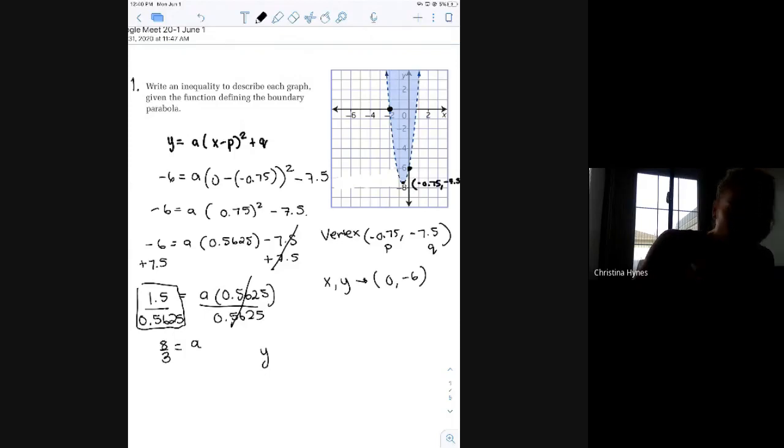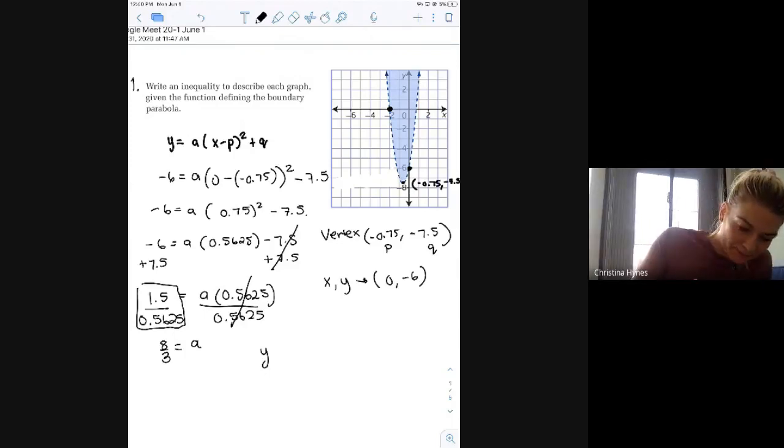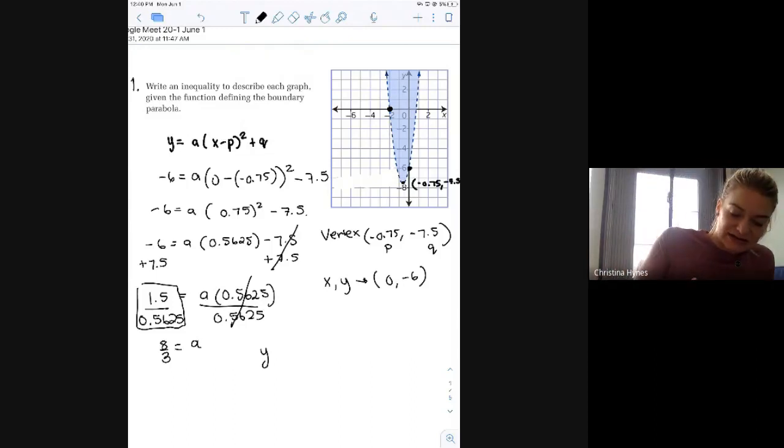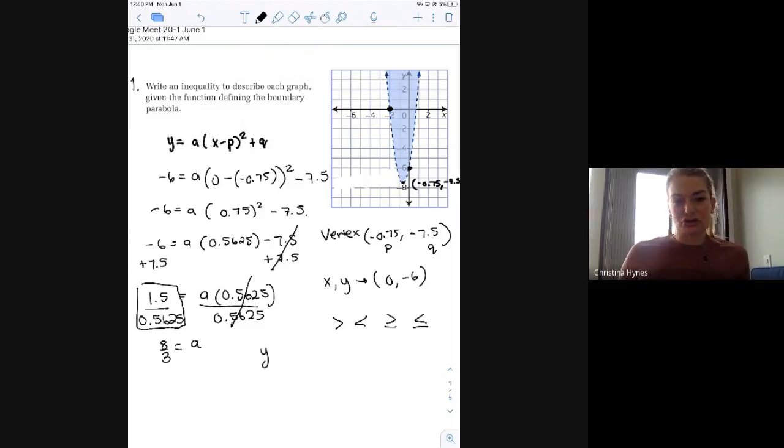I'm also not going to write the equal sign, because that's going to become my inequality. You're going to have either a less than or a greater than symbol. You can have greater than or equal to, or less than or equal to. Those are your choices for in between.